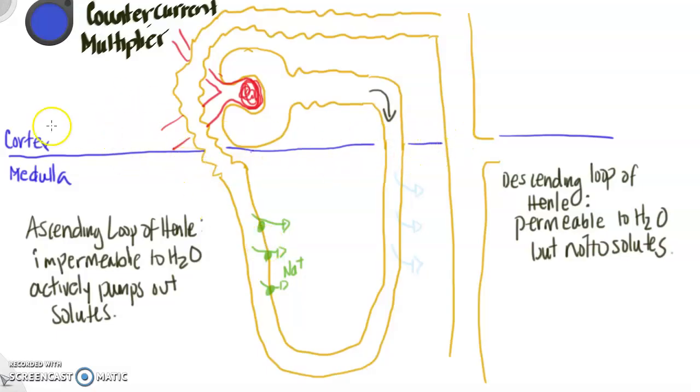I have here, you can see that the top up here is the cortex and the medulla is here. And again, reiterating that the medulla is where the loops of Henle are. And the medulla is a very weirdly salty environment. The concentration of the solution within the medulla is different than what it is in the cortex. The concentration, we call it osmolarity.